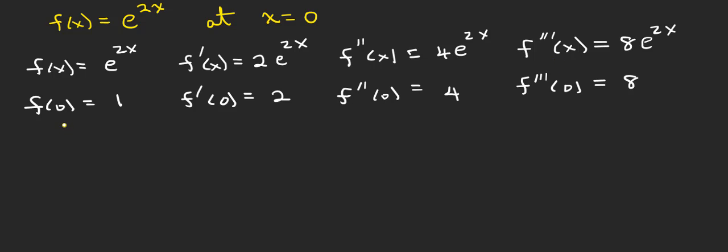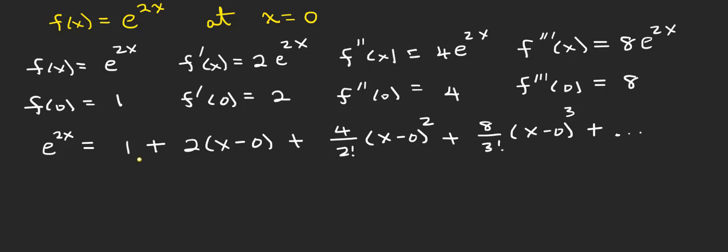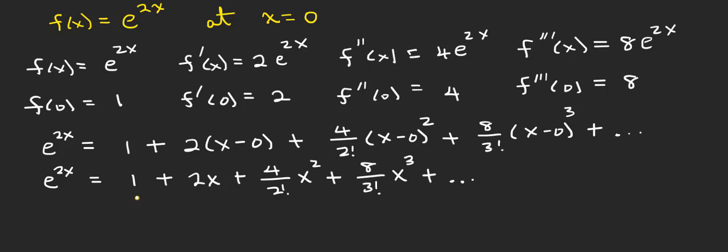And then I found f of 0, f prime of 0, f double prime of 0, and f triple prime of 0. And I found out that e to the 2x will be like this. And when you clean it up, you get e to the 2x equals 1 plus 2x plus 4 over 2 factorial x squared plus 8 over 3 factorial x cubed, and so forth.